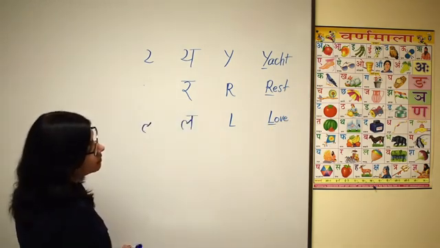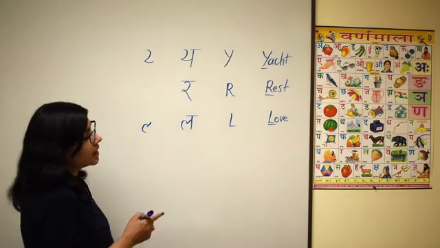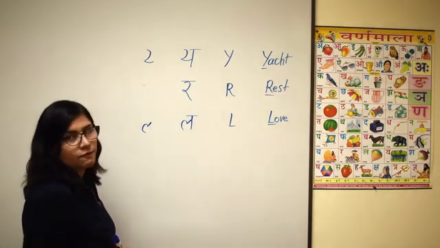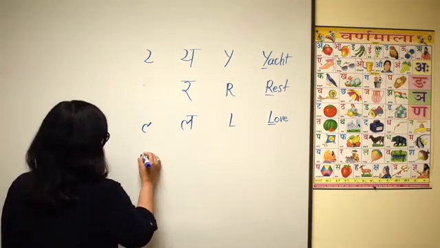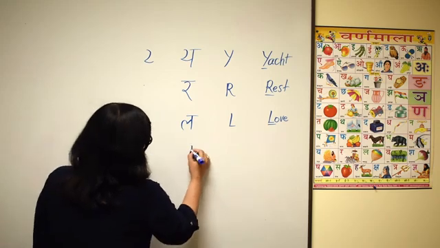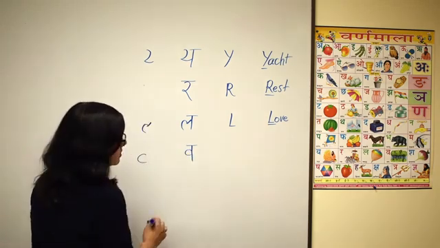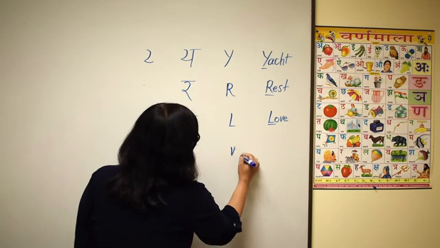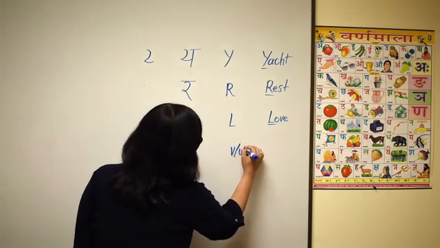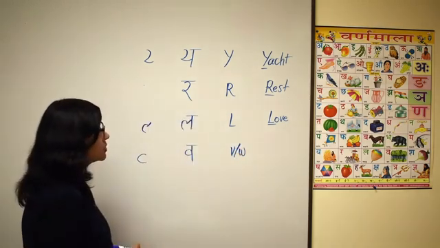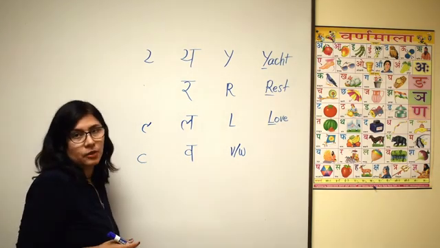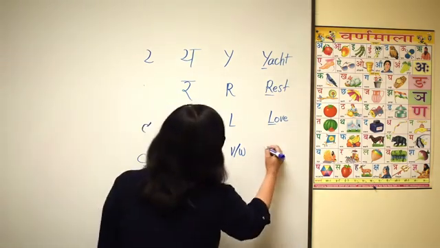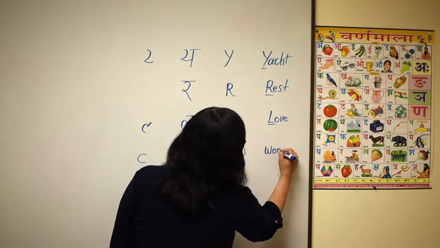Okay. The one after that, the last semi-vowel is V. Okay, and that's like this. And that's our V and W. Okay, because Hindi doesn't distinguish between V and W. Okay, so you can say wonder.